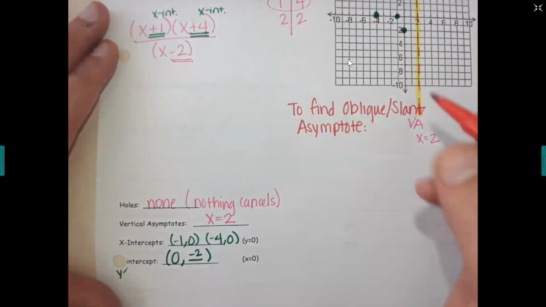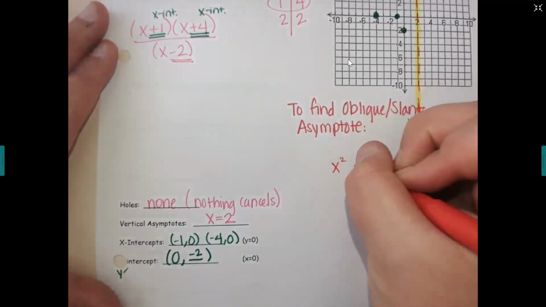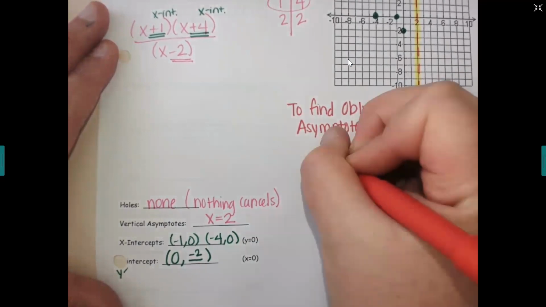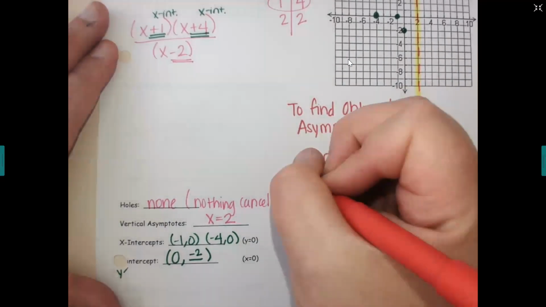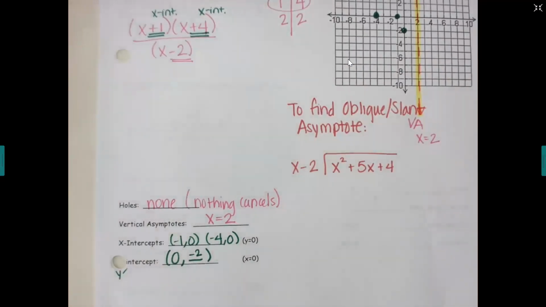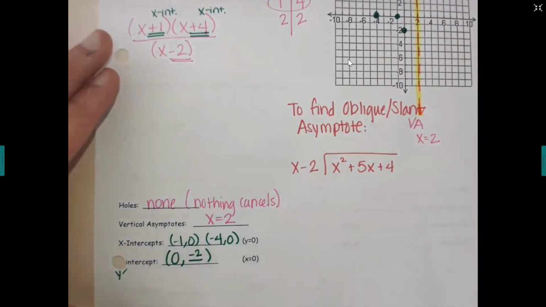So I'm gonna do x squared plus 5x plus 4 divided by x minus 2. So to find that oblique or slant asymptote, you're gonna do the top of the original equation divided by the bottom of the original equation. So let's review how to do that.